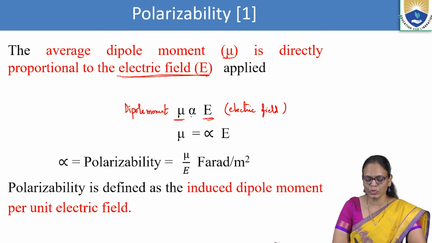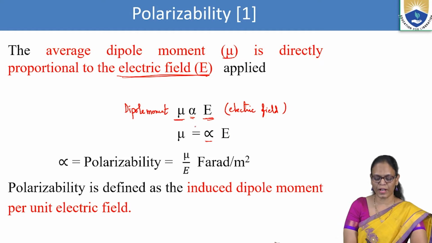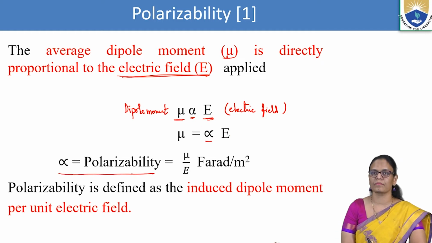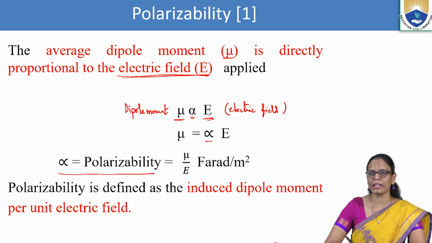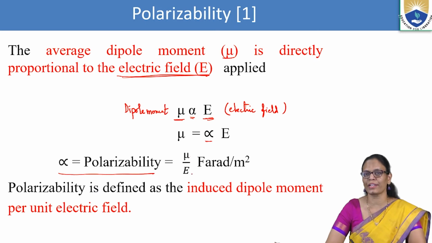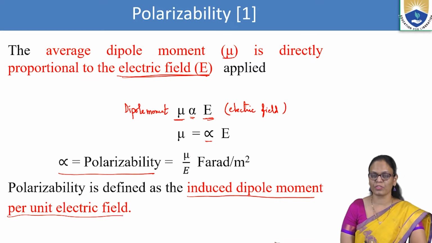Now I can remove the proportionality sign and put a constant alpha. So I can write it as mu is equal to alpha E. What is alpha here? Alpha is the polarizability. We are trying to define the polarizability. So polarizability is equal to mu upon E. We can define polarizability as the induced dipole moment per unit electric field.